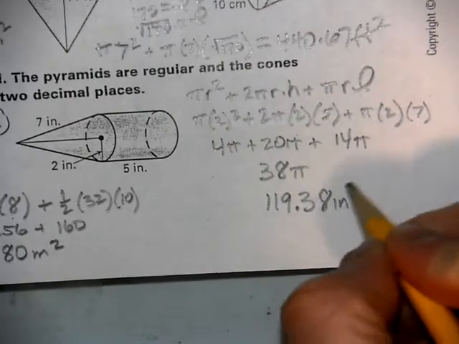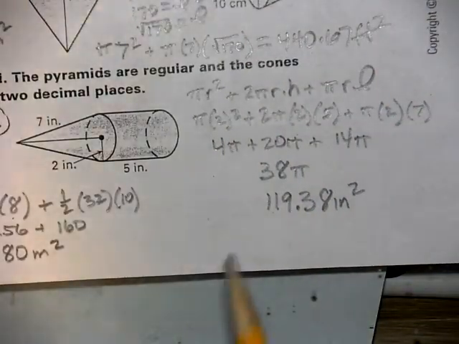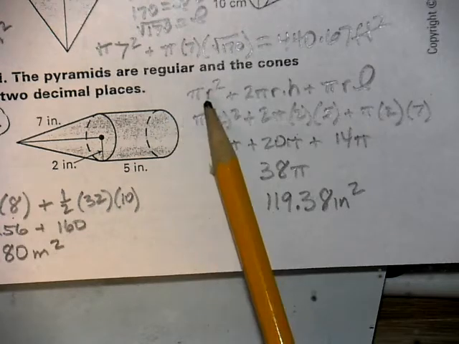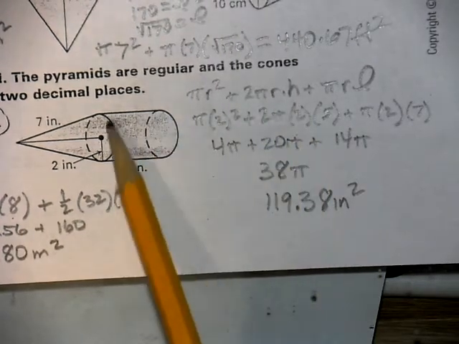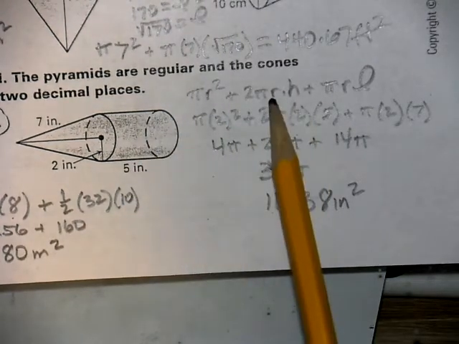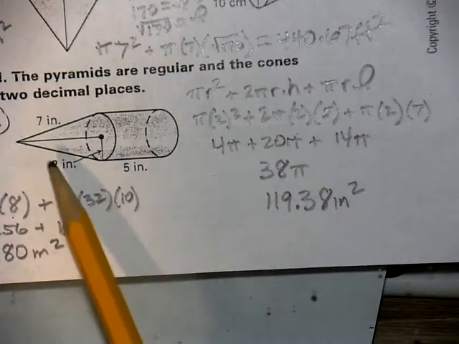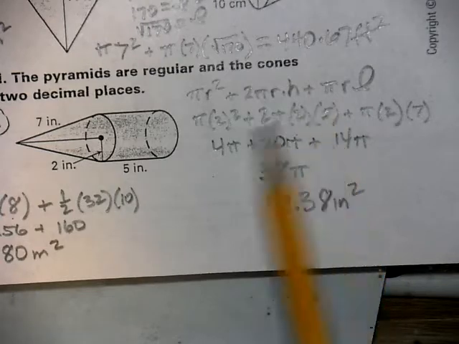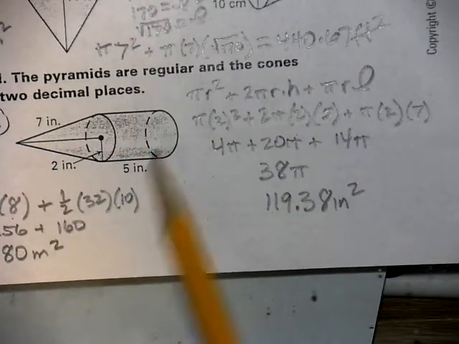119.38 inches squared. So what did I do? I found the area of the circular base, I found the area of the lateral side of the cylinder, plus I found the lateral side of the cone. Using the formulas we've been discussing, these are two added together.